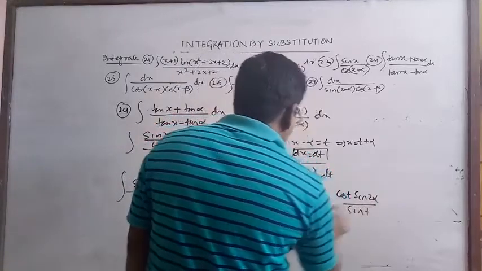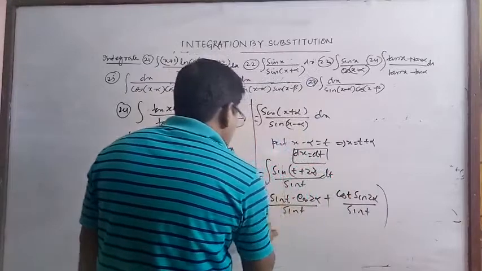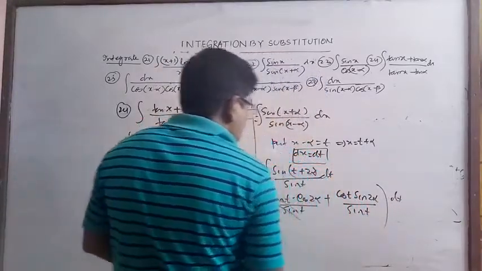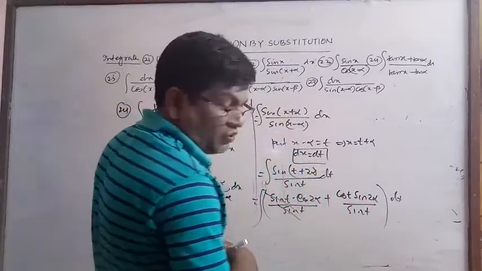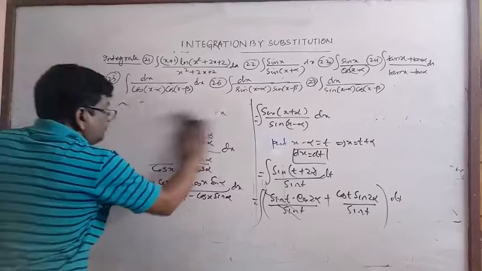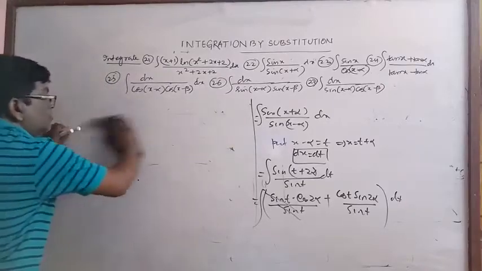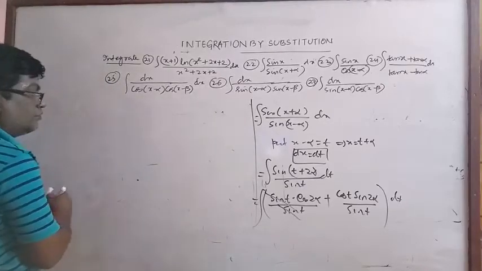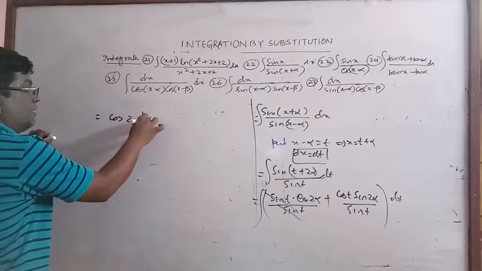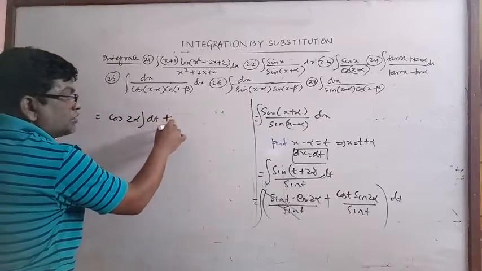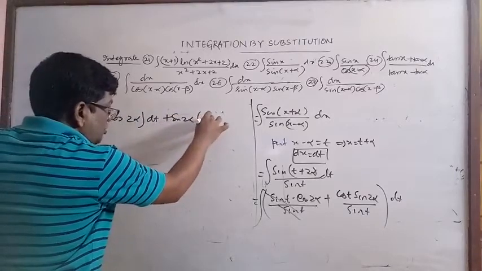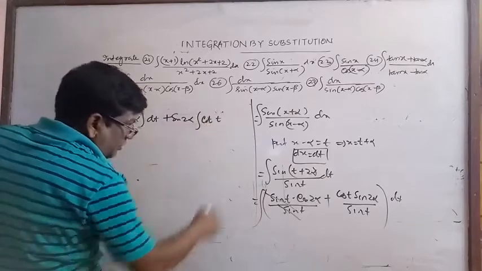Sin t cancels, and sin 2 alpha is constant. This will be cos 2 alpha dt plus sin 2 alpha into cot t dt.